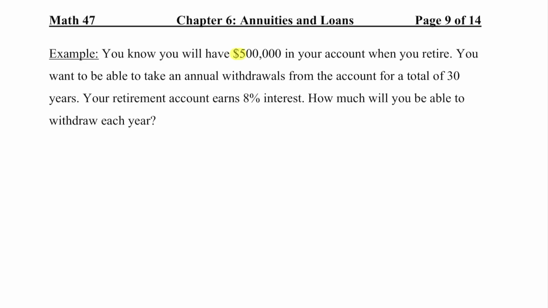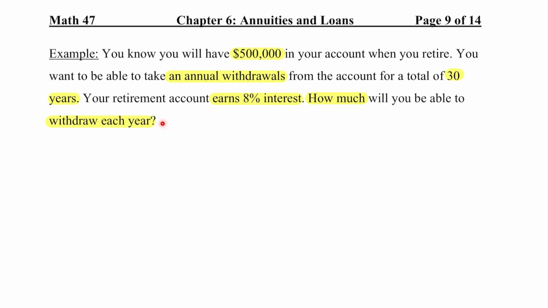I will have $500,000 in my retirement account. I want to take an annual withdrawal for 30 years. My account earns 8% interest. How much will I be able to withdraw each year?